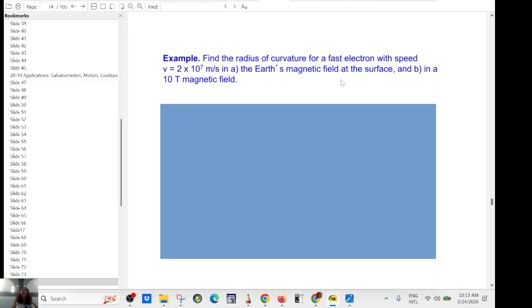The magnetic field of the Earth is 0.5 times 10 to the negative 4 Tesla. 10 to the negative 4 Tesla is a Gauss. So anyway, it's 0.5 times 10 to the negative 4. Use the equation to find the radius.